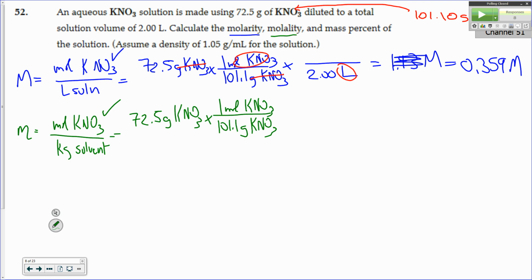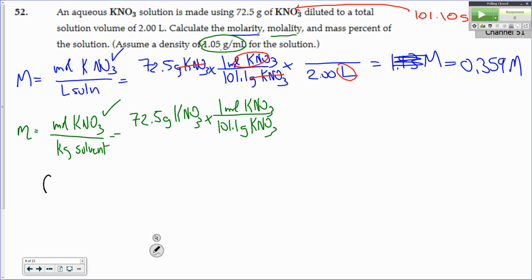What do I know? I know the density of the solution. Knowing the density and the volume, I'm going to put this down below in a different color.